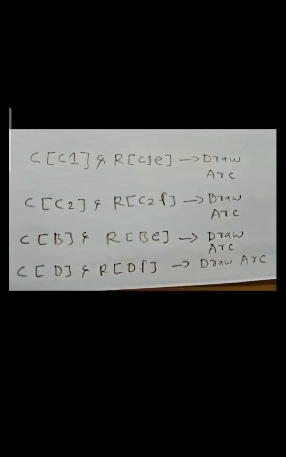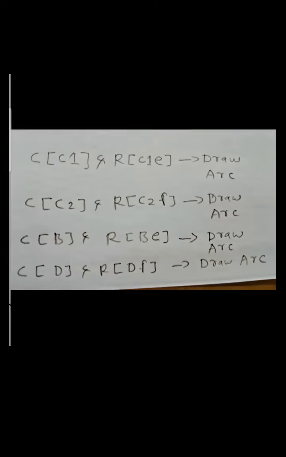Now refer to this one. We take center C1, radius as C1E, and draw the arc. Then take center C2 and radius as C2F, and draw the second arc. So these two are the quarter circles.